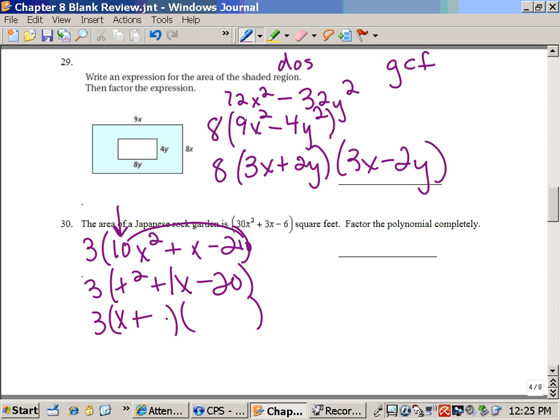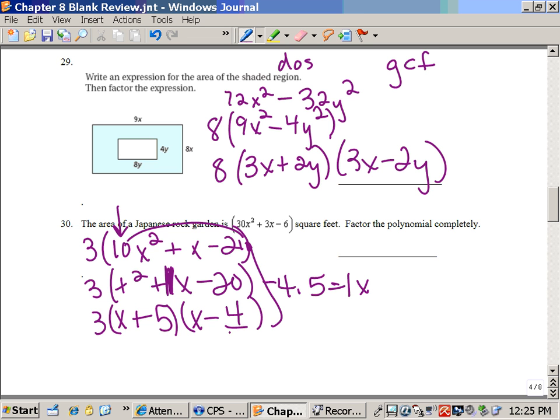I know that it's going to be x plus and x minus because the 20 has a negative sign. I need to think of 2 things that are 1 apart that will multiply to give me 20. Well, that's 4 times 5. When I add them together, the 4 needs to be negative so that the 1 will end up being positive. So the 4 goes with the negative and the 5 goes with the positive.